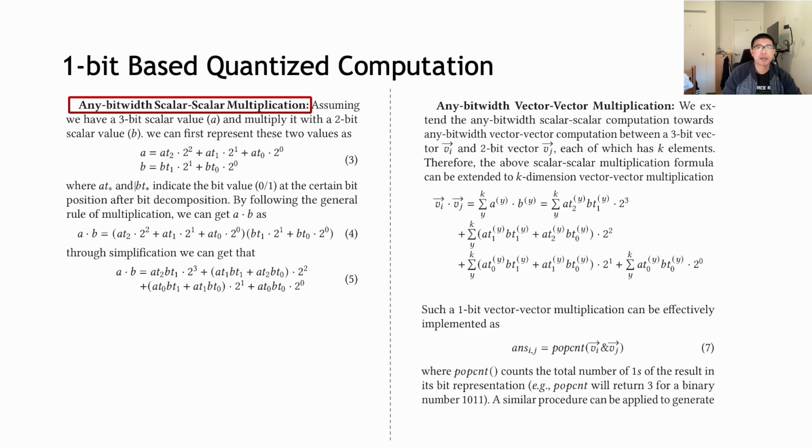On the right-hand side, we generalize such 1-bit based scalar-scalar multiplication to 1-bit based vector-vector multiplication, where we still apply the same process of the scalar 1-bit multiplication and cross element accumulation to get the final output result.